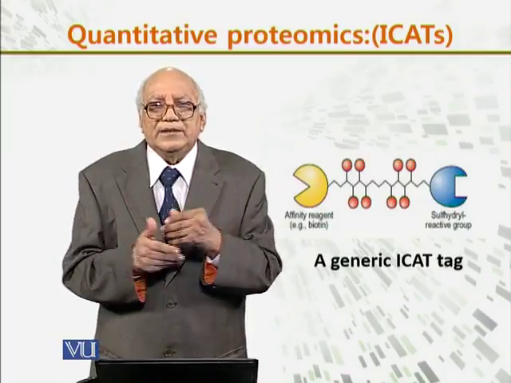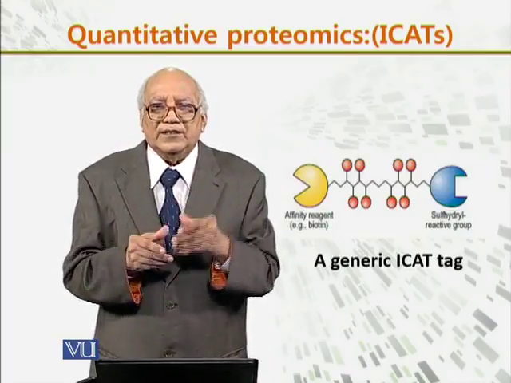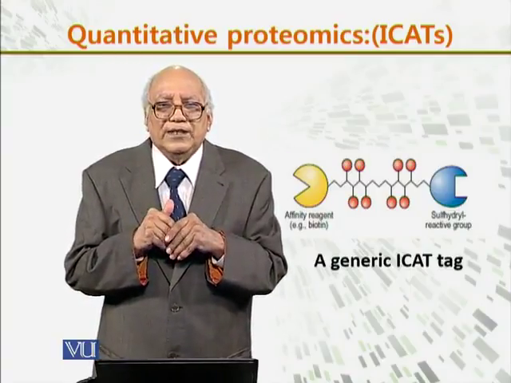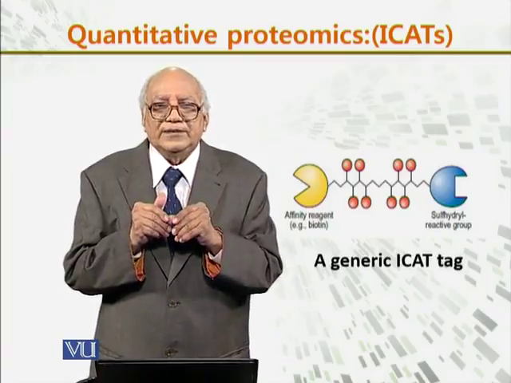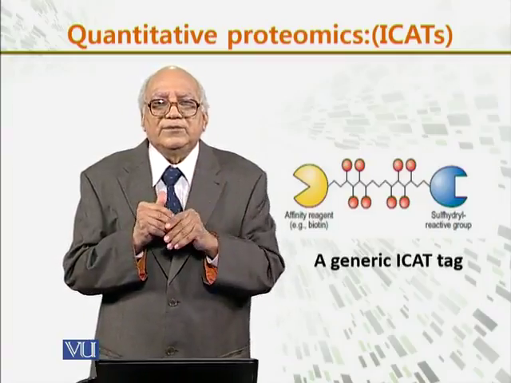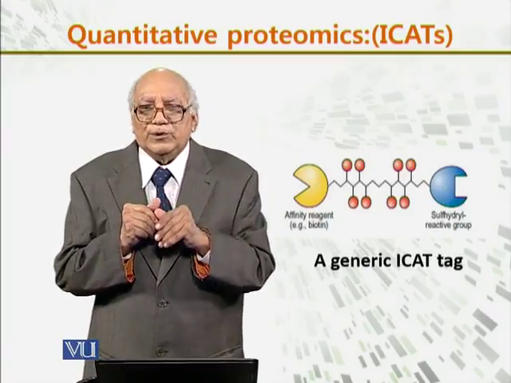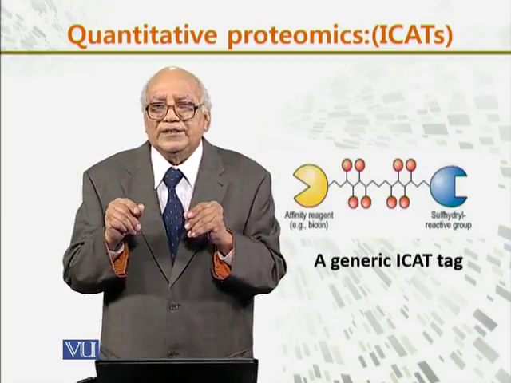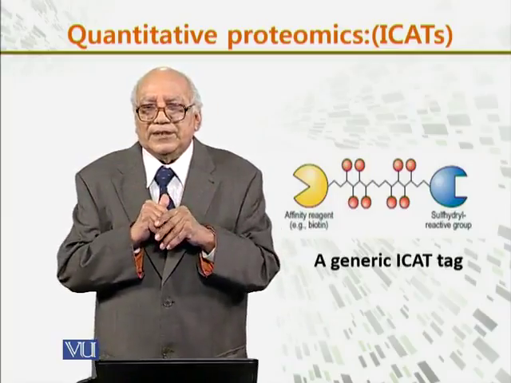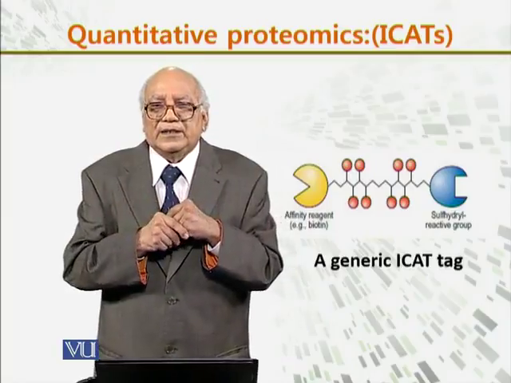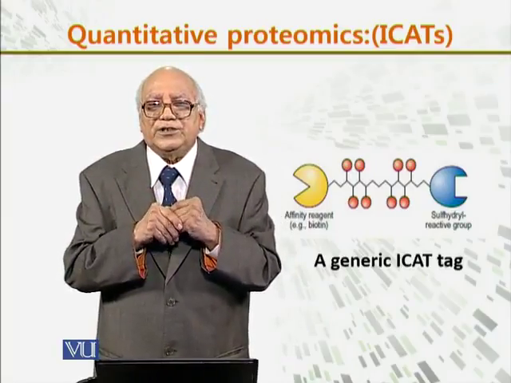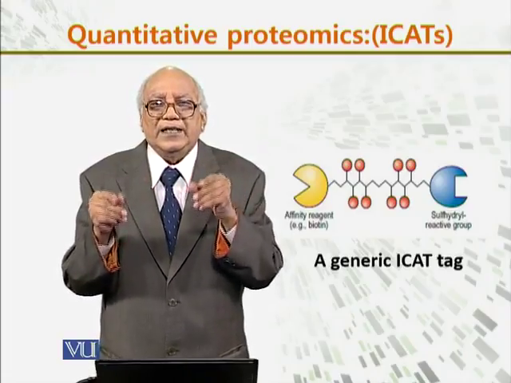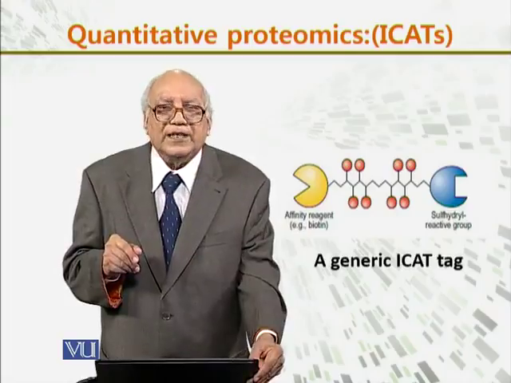For example, in this figure, a generic affinity tag is shown, where the affinity region is biotin, and then there is the middle portion, and it attaches to the sulfhydryl reactive site, the sulfhydryl group of a cysteine amino acid. That is a generic ICAT tag which is attached.